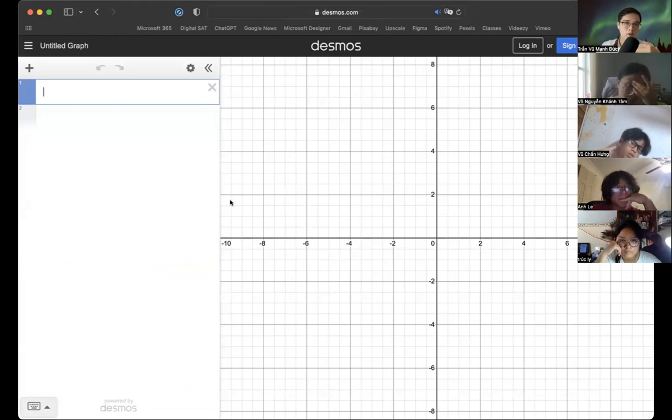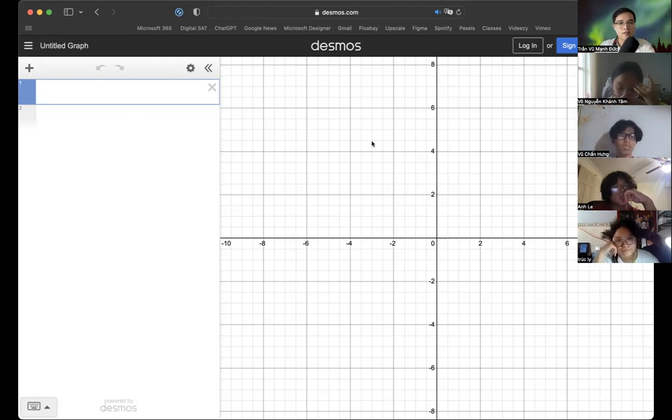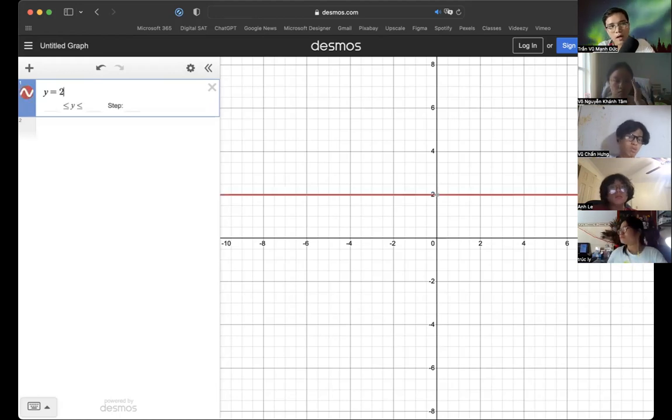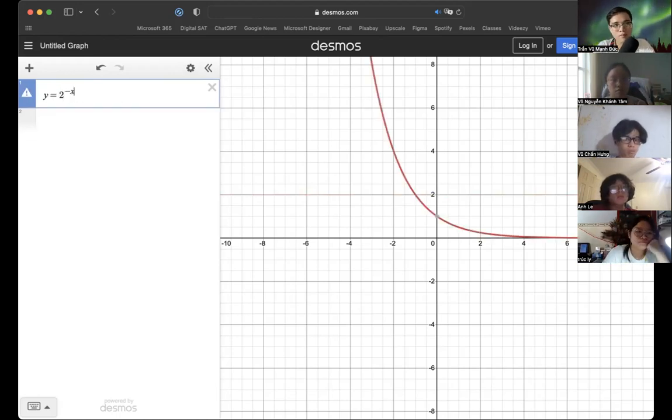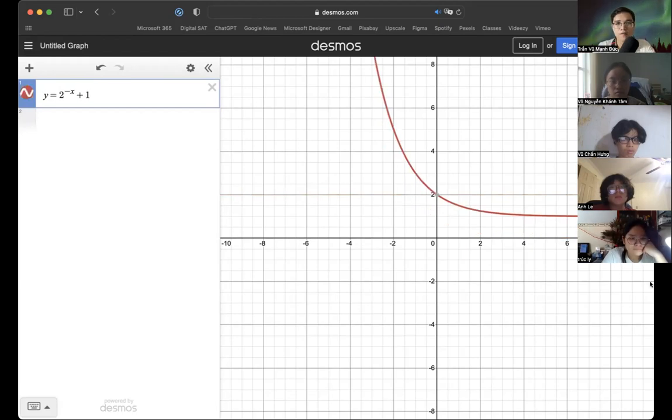So where will it appear on the Blue Book? I will explain further as you go down the line of actually taking the practice test. But first, you can see that you can have this exact interface on the Blue Book SAT app. You can type in the equation, and this makes the question much easier. So you have y equals 2 to the power of minus x plus 1, and you have this shape.